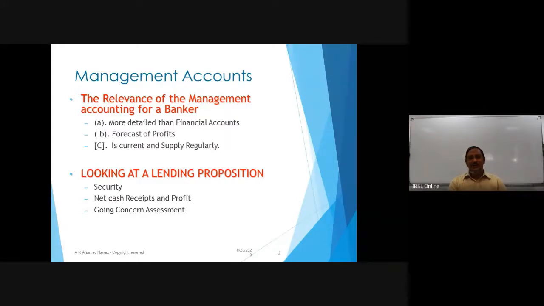Let me give an example. I have a friend who is a chartered accountant. I asked him why it takes so long to prepare customers' financial statements, because we also find it difficult to approve a facility for these people when the financials are not available. What's the position? So he said, we have to match the sales with the payments.